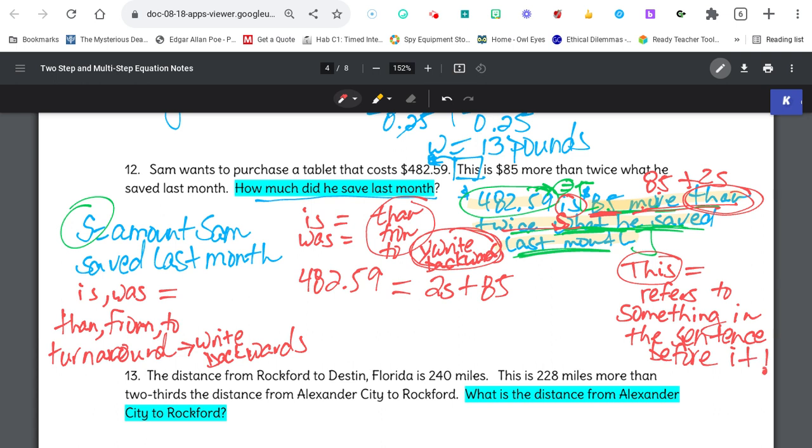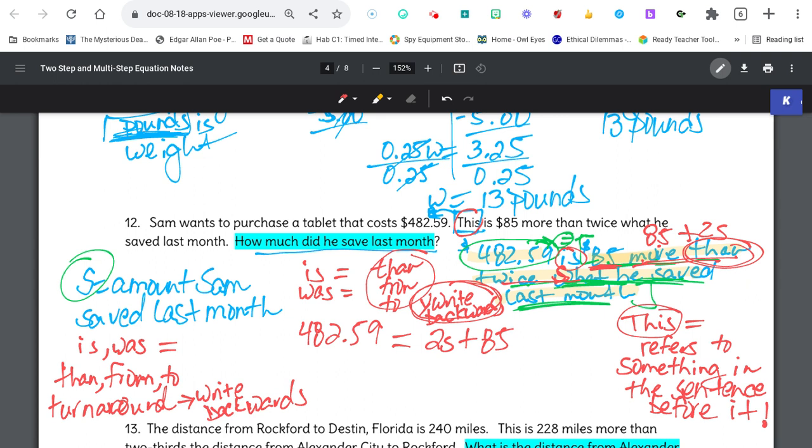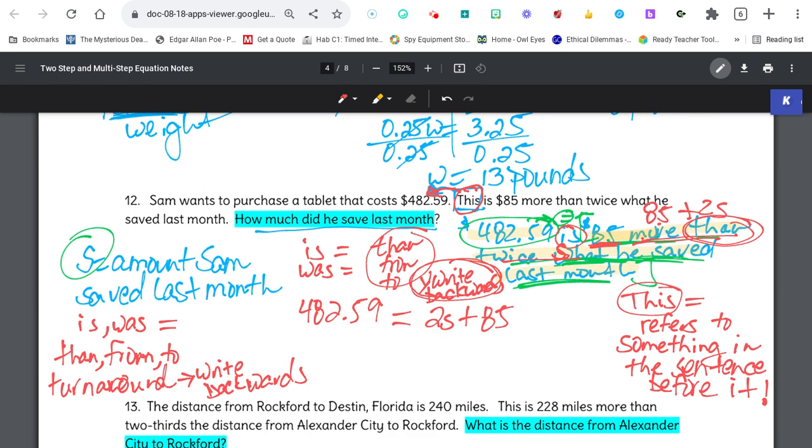So write that down. That's why I can say that when I see this is, the sentence before it has $482.59. So this is talking about the $482.59.